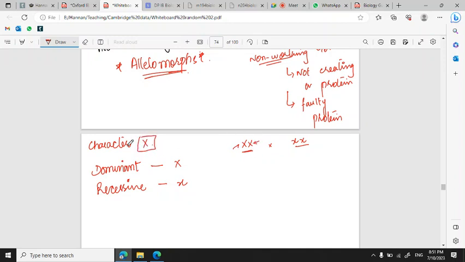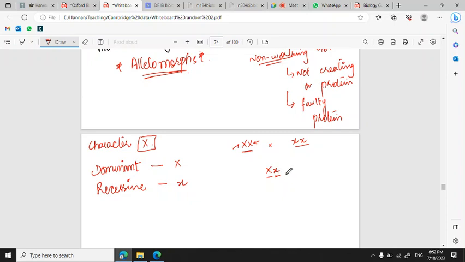Remember, I am talking about only one character. So suppose I get one from my father and one from my mother. What is this genotype? One dominant and one recessive, so it would be heterozygous.